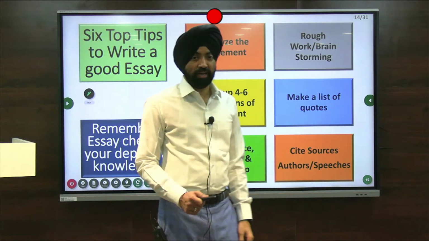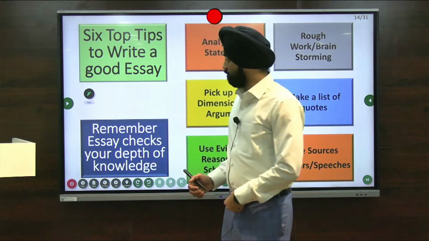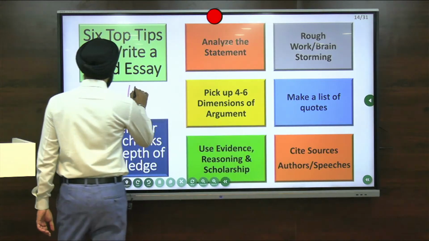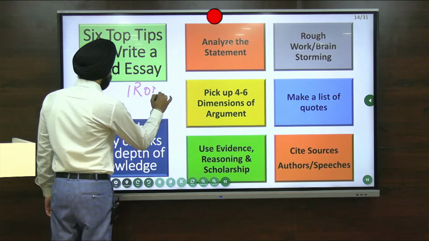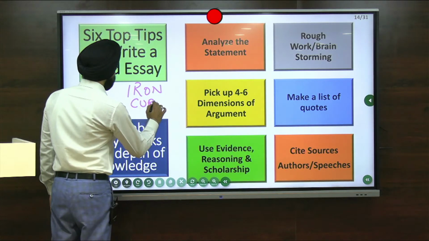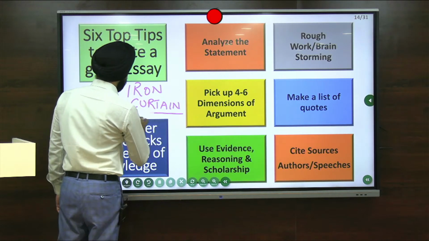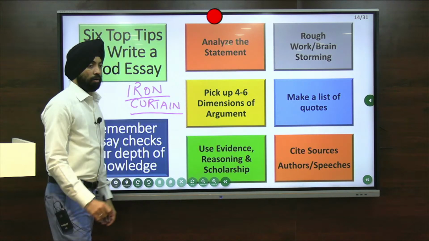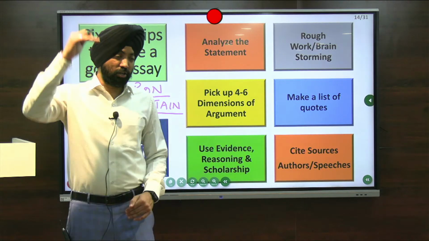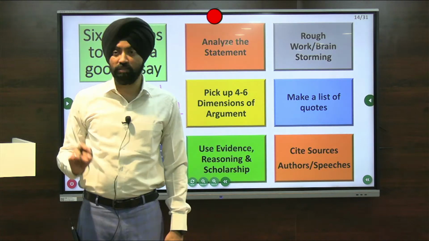Now, very important, as I told you, there is something known as iron curtain in UPSC. What is this iron curtain? Iron curtain means what differentiates the toppers from the rest. This is the iron curtain.